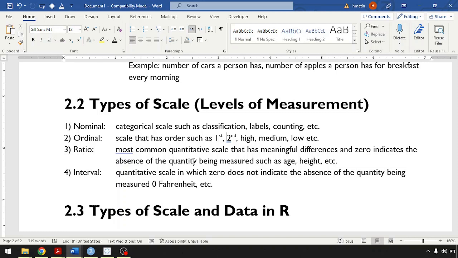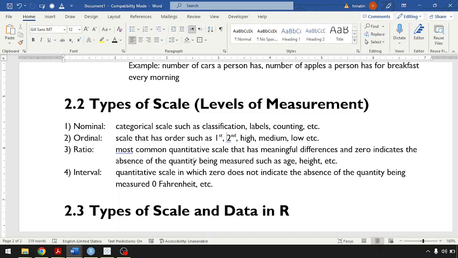We don't have an object with a measurement of zero. If something is zero, that means that thing does not exist. We can't have, let's say, a person with a height of 0 inches or 0 feet. We can't have a person with the age of zero. We can't have a salary of $0. If a salary is $0, then there's no salary. If someone is zero age, then that means that person does not exist.